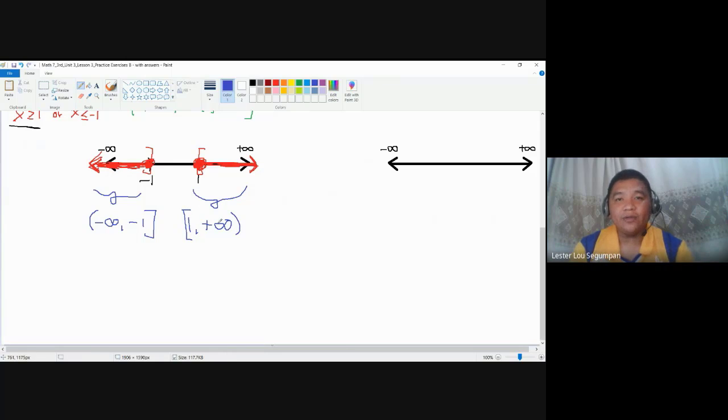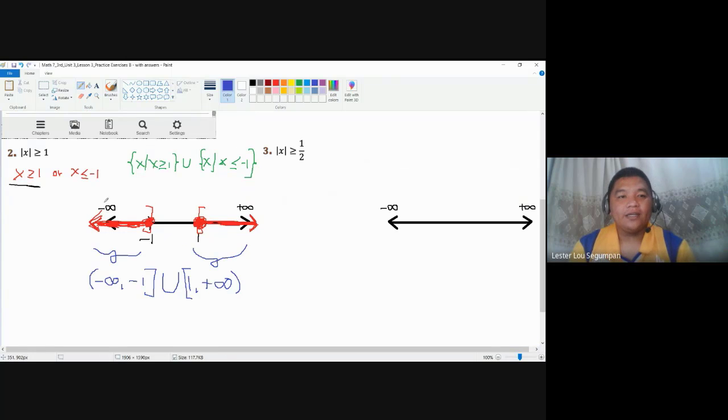And to combine the two interval notations, we also use the cup, or the symbol for the union. So this is how we present number 2, the linear inequality form from this absolute value linear inequality involving the symbol for greater than or equal. Again, they have two different regions combined into one.